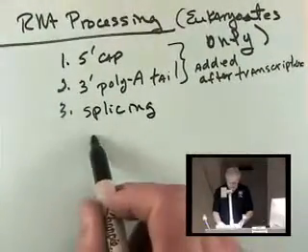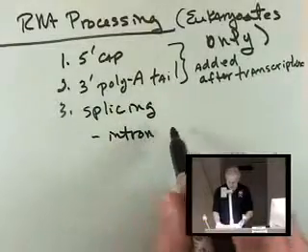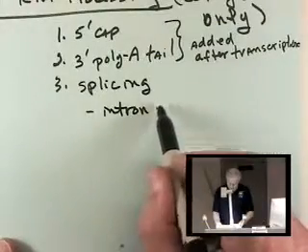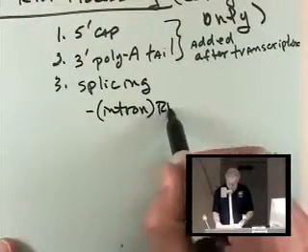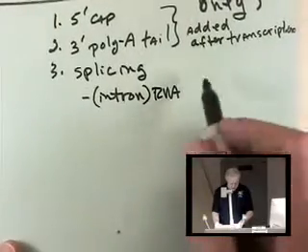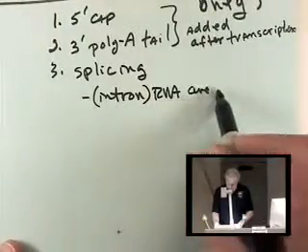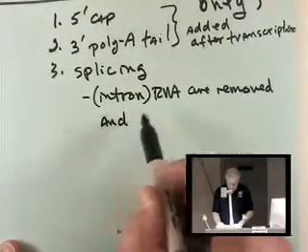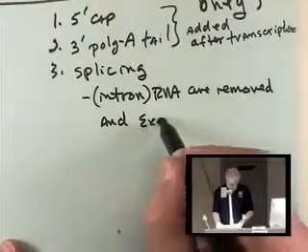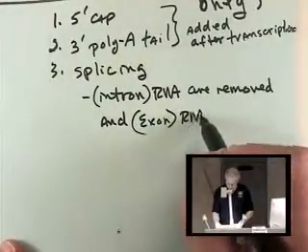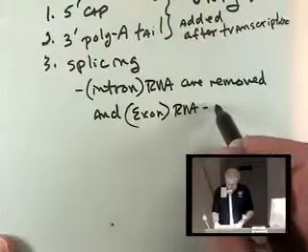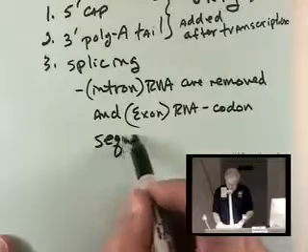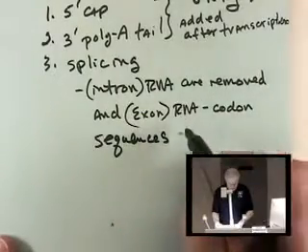So with splicing, the intron segments represented in the RNA, the intron RNA nucleotides, are removed. And the exon portion of the RNA, called the coding sequences, are spliced together.